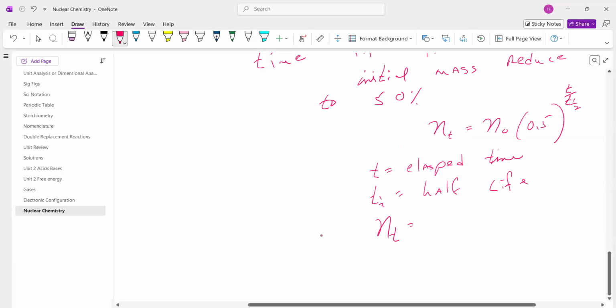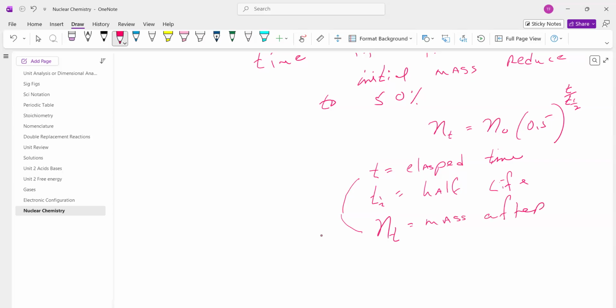So these are the four variables. Elapsed time. n sub t is the mass after that time has passed.